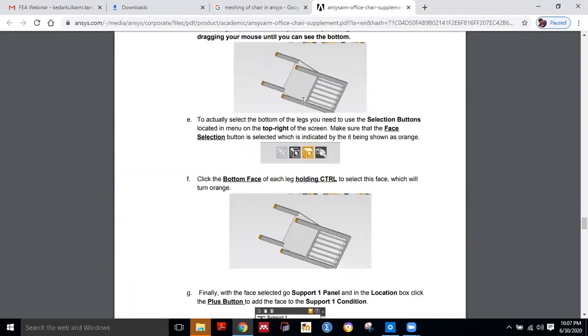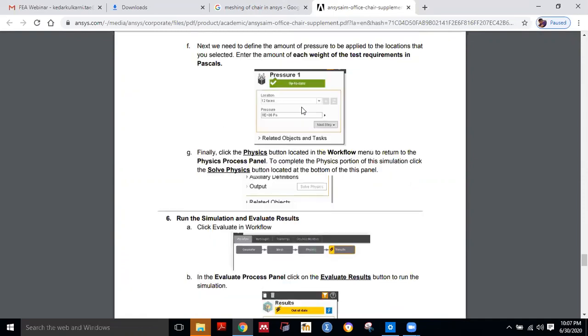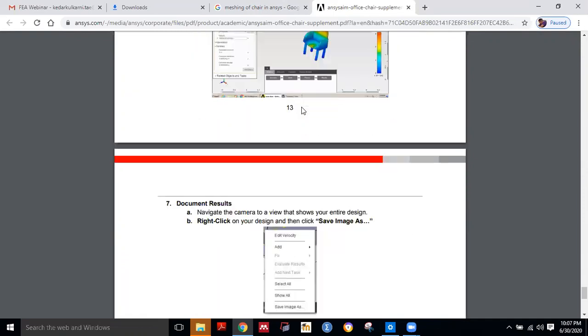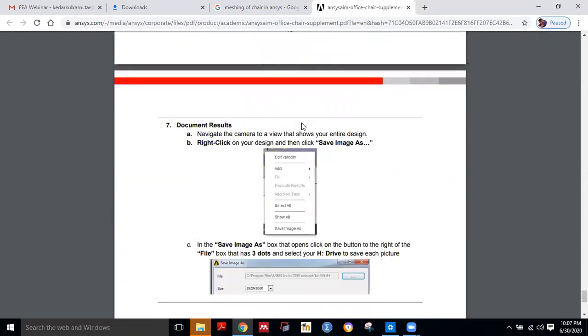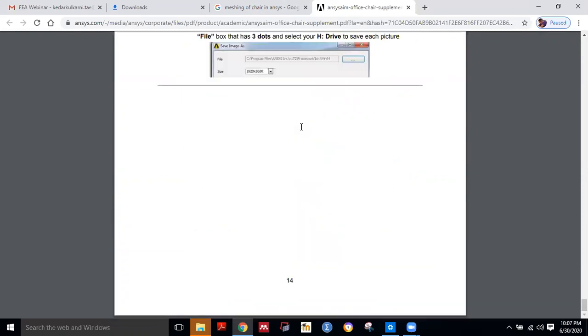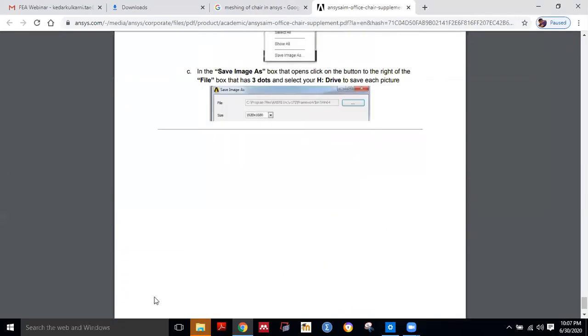After meshing, the analysis is there. But before that, we have to go for a very important aspect, that is boundary condition. So I will tell in short the basic procedure.